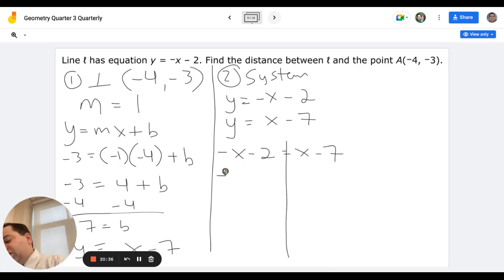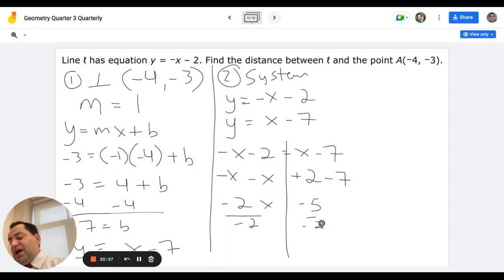So we go negative x, positive 2, negative x, negative 7. This is negative 2x. And then 7 minus 2 is 5. This is going to be negative 5. And then divide both sides by negative 2. And I get x is equal to positive 2.5. All right, so x is positive 2.5. Let's plug 2.5 in up here.